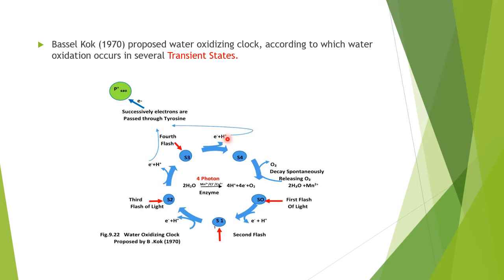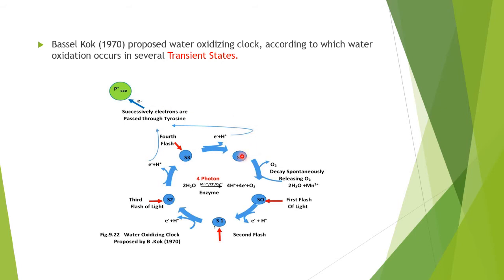So by this time, 4 electrons and 4 protons are released one by one in succession. And that is taken by the Z to this system, which is losing electron simultaneously when it accepts the photon of light. To make the system run, this 1 by 1 electron is taken by pigment system second.